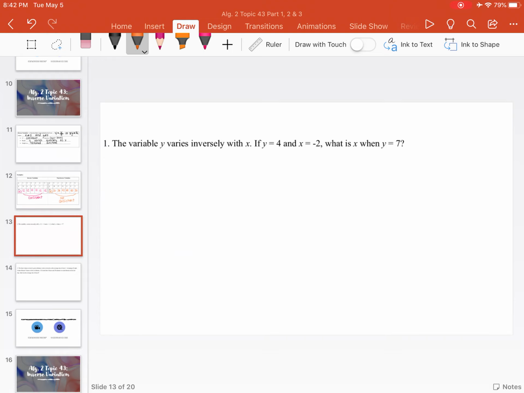Looking at the problem, the variable y varies inversely with x. If y equals 4 and x equals negative 2, what is x when y equals 7? So we can set up the form y equals k divided by x and plug in. So when y is 4, x is negative 2.